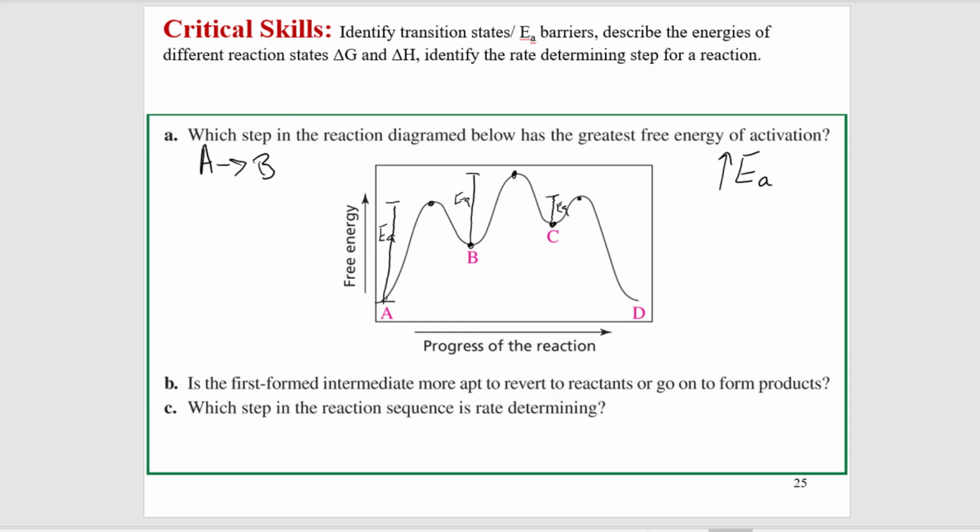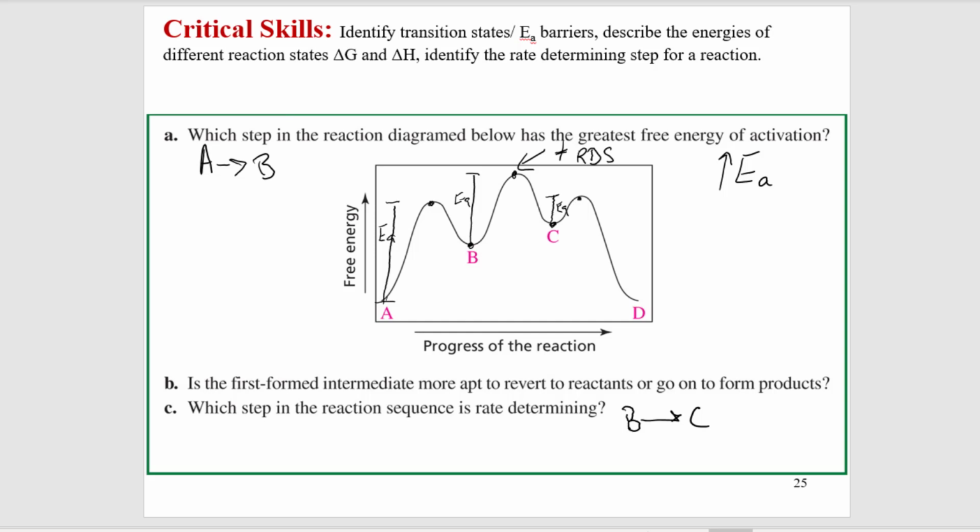This is where you stand back and you look at all the mountains. And the highest mountain to climb is the one that is really it, because that is the highest energy of the whole system. And you've got to put that much energy in. So the rate determining step is actually the one from B to C, because that transition state is the rate determining step.